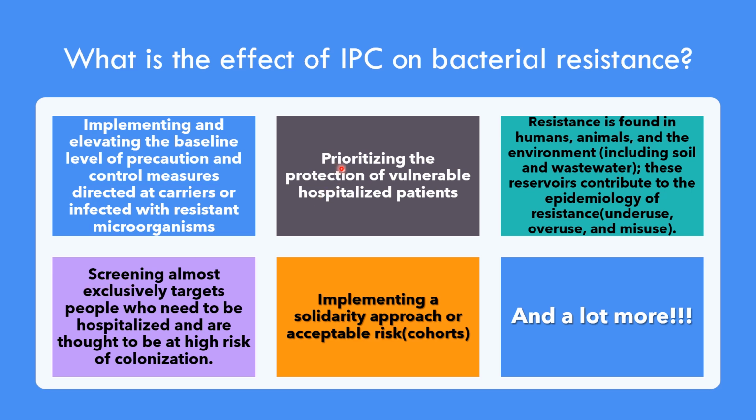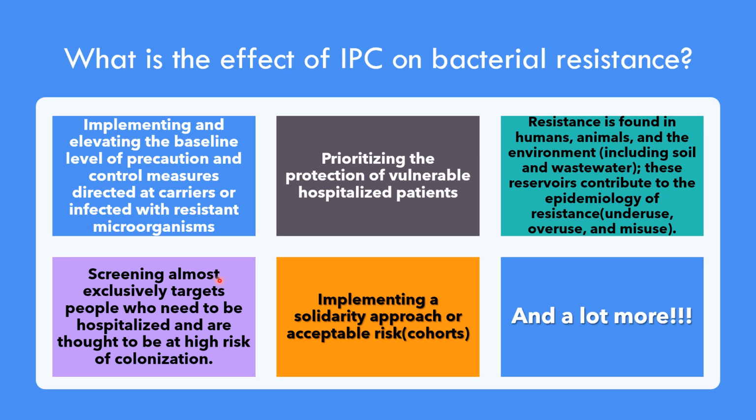Also, there is prioritizing the protection of vulnerable hospitalized patients, and resistance is found in humans, animals, and the environment, including soil and wastewater. These reservoirs contribute to the epidemiology of resistance, along with the underuse, overuse, and misuse of antibiotics.